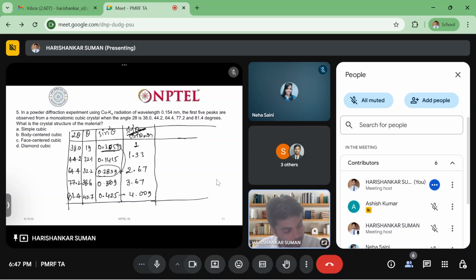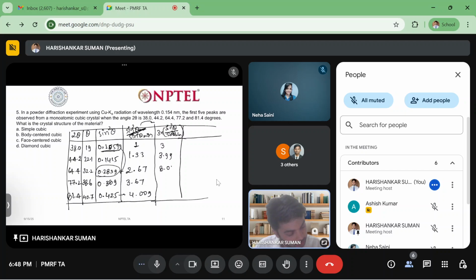Now we have to multiply by such a number, sin square theta over sin square theta minimum, that gets approximately the nearest integer. Let's say multiply by 3. This would be 3 and 3.99, almost 4, 8.01.